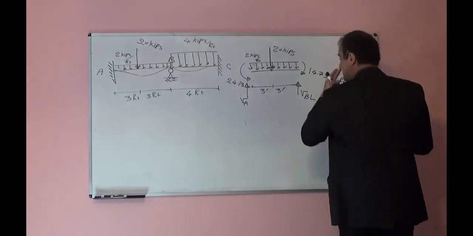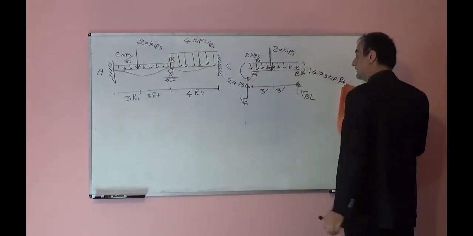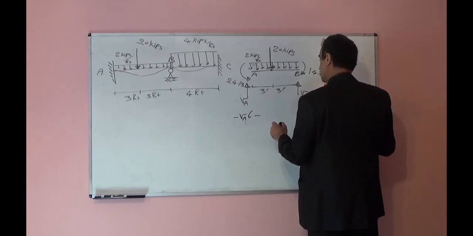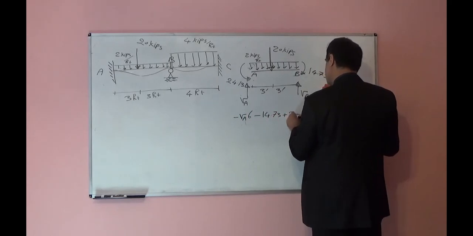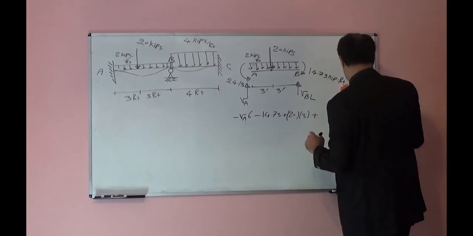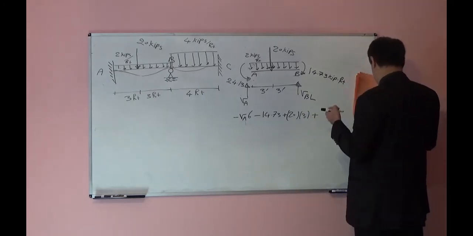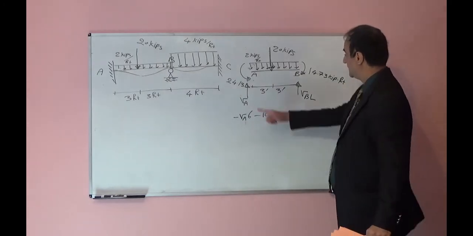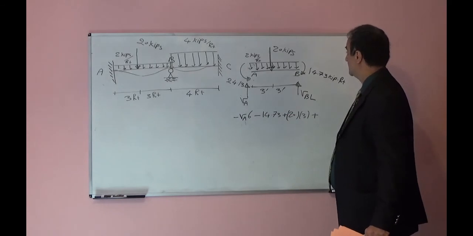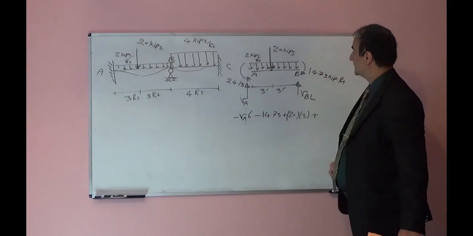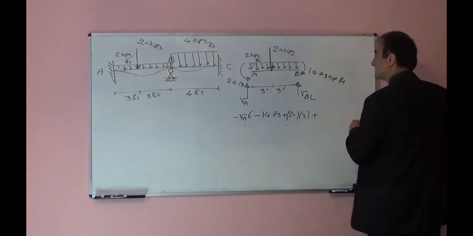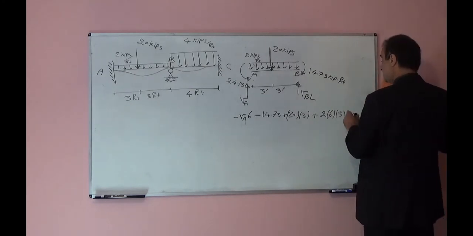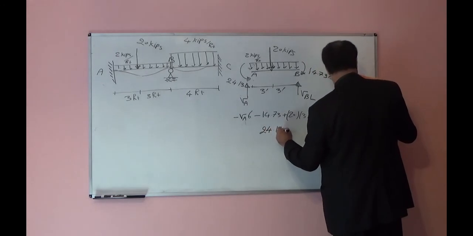Now if I take moment with respect to point B, I can find VA, because negative VA times 6 minus 14.73 plus 20 times 3 plus... VA times 6, let's see, VA times 6 clockwise negative, minus 14.73 clockwise negative, plus 20 times 3 plus 2 times 6 times 3 for this distributed load with respect to B, plus 24.13 is equal to 0.